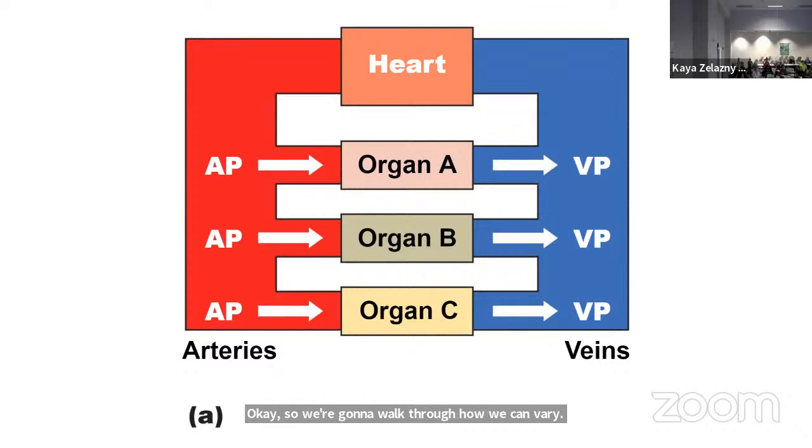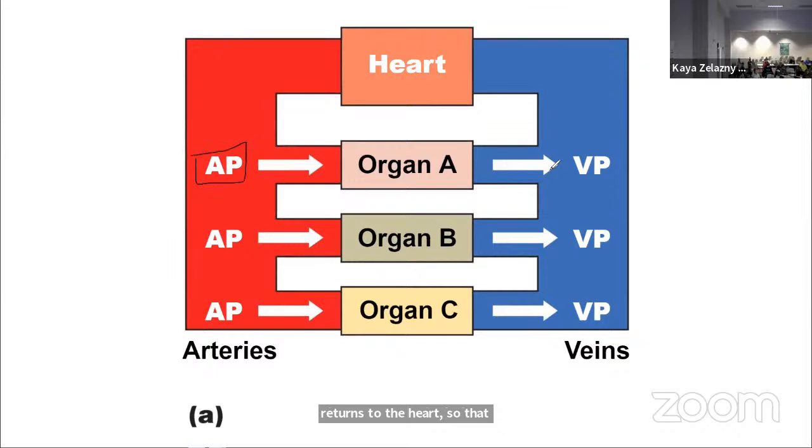Okay, so we're going to walk through how we can vary our flow to different organs. In this image, we're looking at a very simple schematic of our systemic circuit. Our heart is pumping out blood through the arteries to all of our different organ systems. Blood goes through the organ, comes back through the veins, and returns to the heart. So that AP would just be arterial pressure, and that VP is venous pressure.